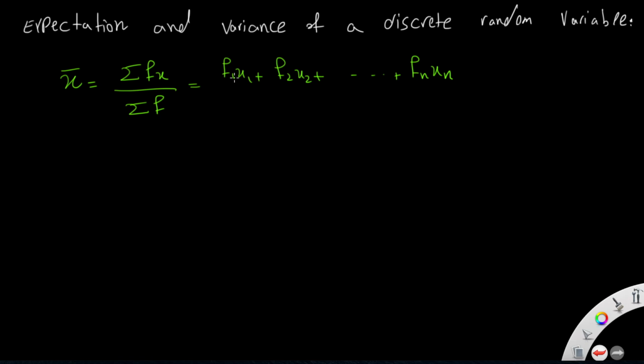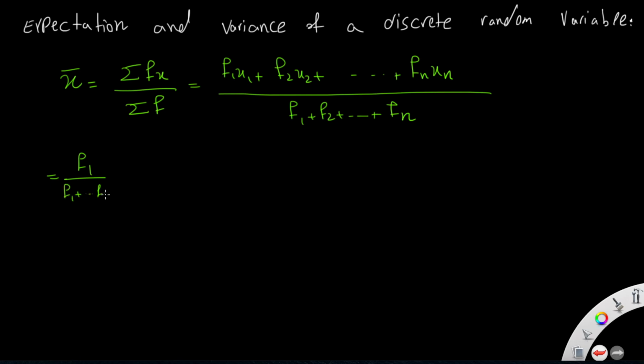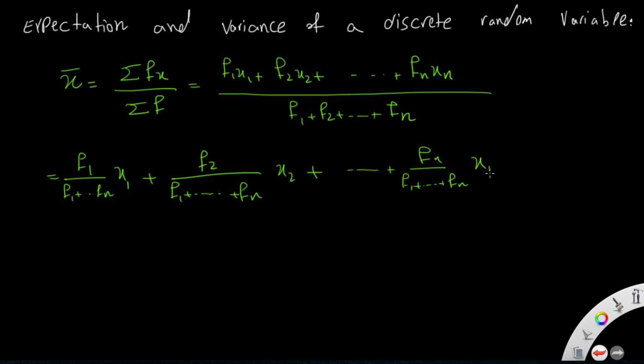Each data times corresponding frequency, then add together over the total number of frequencies. So now I split into n fractions, f1 over f1 till fn, x1, plus f2 over f1 till fn, x2, plus fn over f1 till fn, xn.